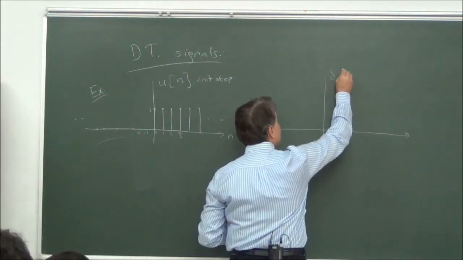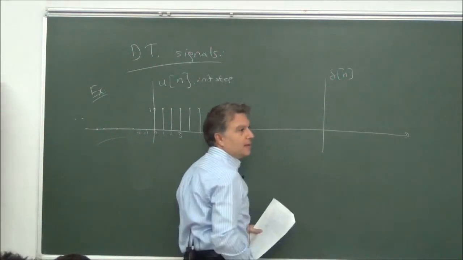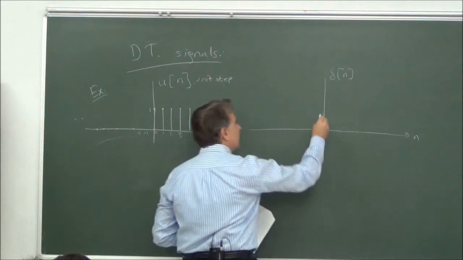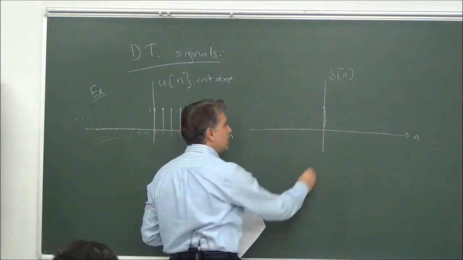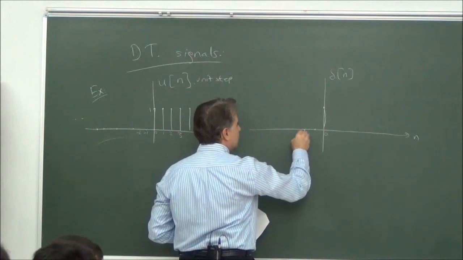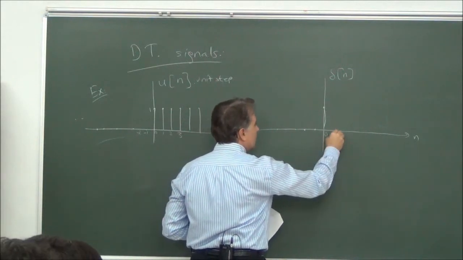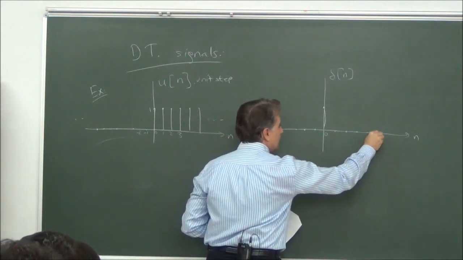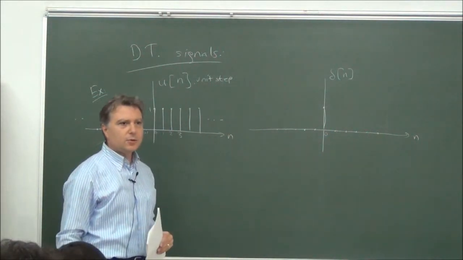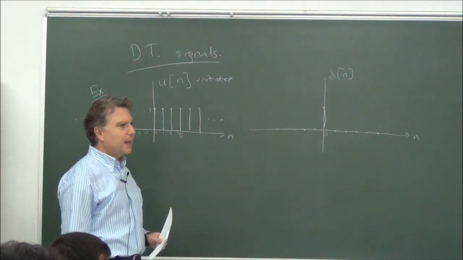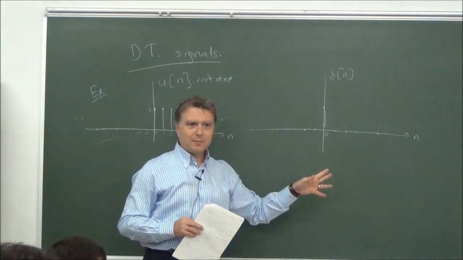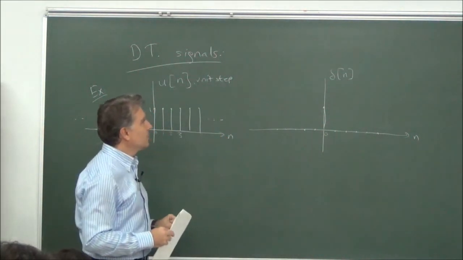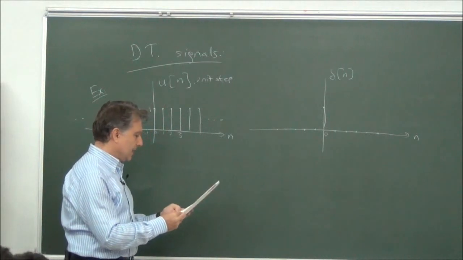The corresponding impulse will be delta n then. And it is nothing but this. One impulse at 0. And all the others are zeros. So this is the unit impulse. And as you see, it's not infinity or anything. So it's easier to think of a delta n like this.